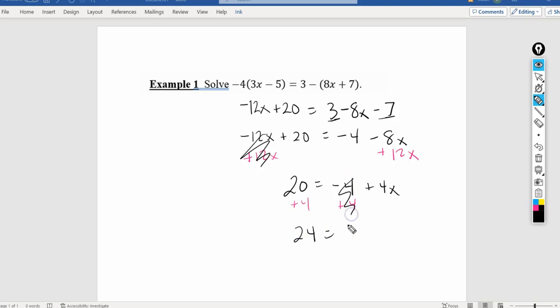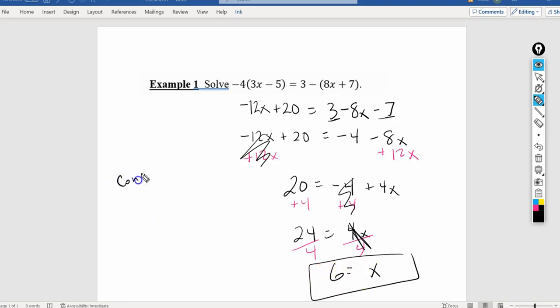And so that will cancel. And then to get x by itself, which is the goal, let's divide both sides by 4. And so after I do that, I have x over here, and 24 divided by 4 is 6. So I have a specific value for x. This is a conditional equation.